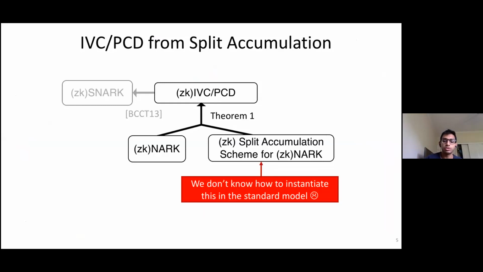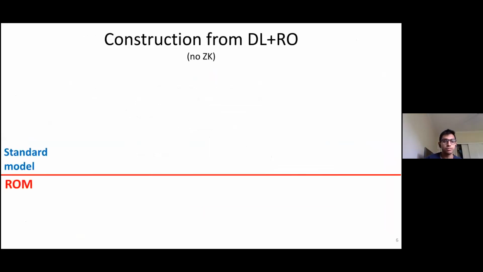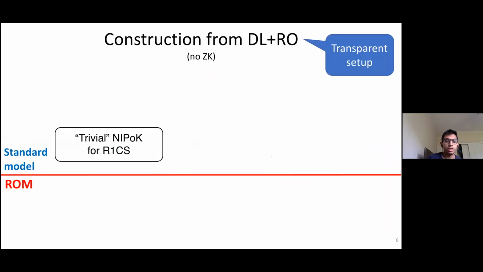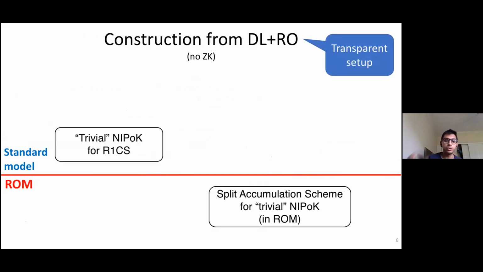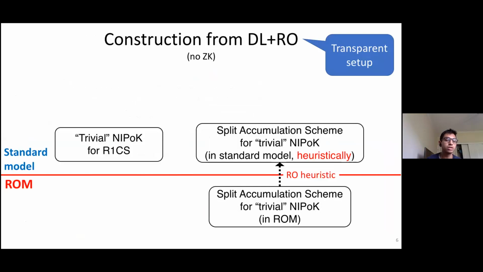So what we have to do is to settle for heuristics, right? And so what we do is we construct a very simple non-interactive argument of knowledge for R1CS, right? And then we construct a split accumulation scheme for that argument of knowledge in the random oracle model, right? And then we instantiate the random oracle heuristically and obtain this accumulation scheme in the standard model.